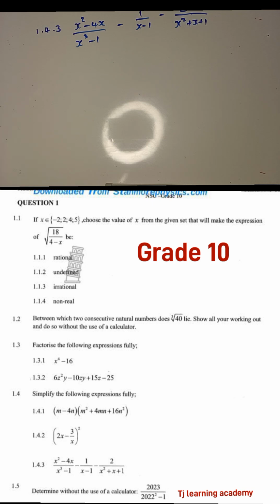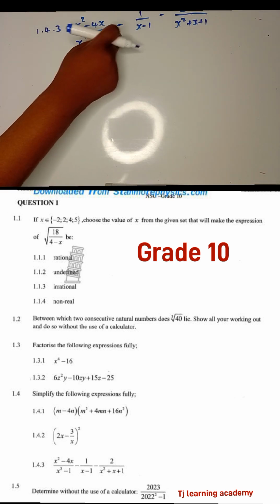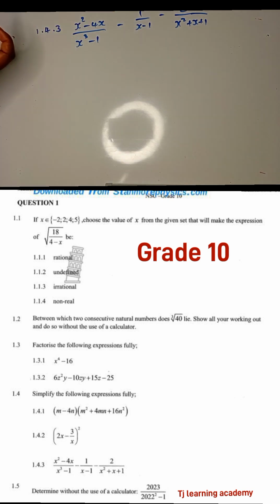Here it is. The first thing we need to do when we see an expression like this is to start by factorizing where factorization is needed. But if you see minus and plus, just know that we are going to look for the lowest common denominator, the LCD.